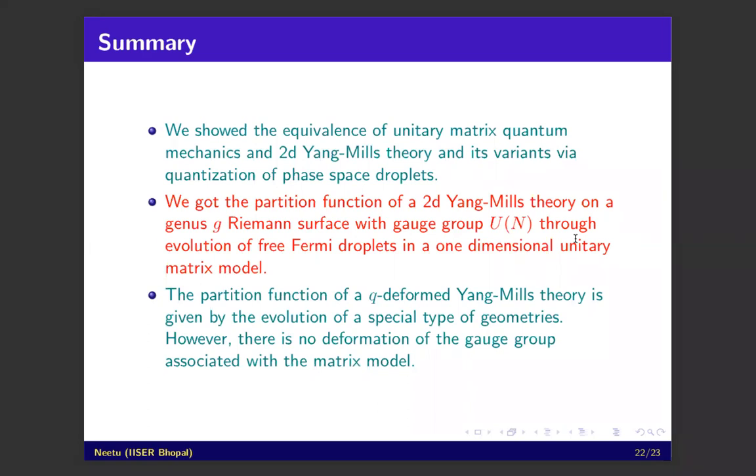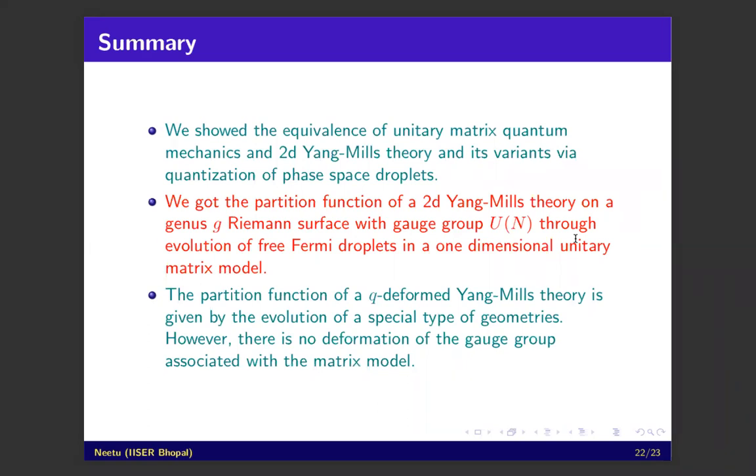That's all I have to say. I don't understand the last point. Can you say that again? Yeah. When you say that you have a q-deformed Yang-Mills theory, what you mean is your gauge group is quantum deformed, which means if you consider, say your gauge group is SU2, a 2 cross 2 matrix with elements A, B, C, D, then those elements will be non-commuting.